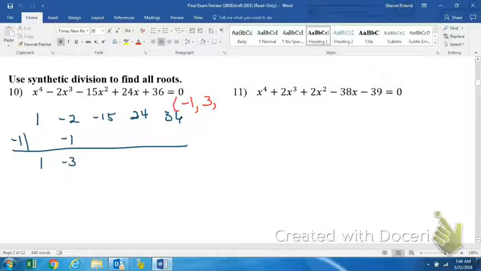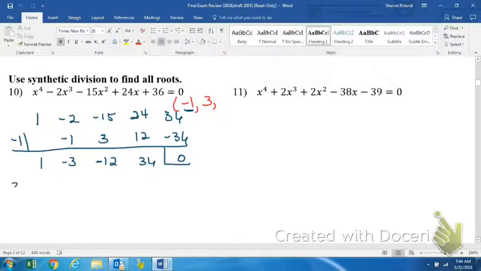Multiply -1 and -3 and you get +3. Combine these and you get -12. -1 times -12 is +12. Combine these and you get 36. -1 times 36 is -36. Combine these and you get 0, which tells us -1 is a root.